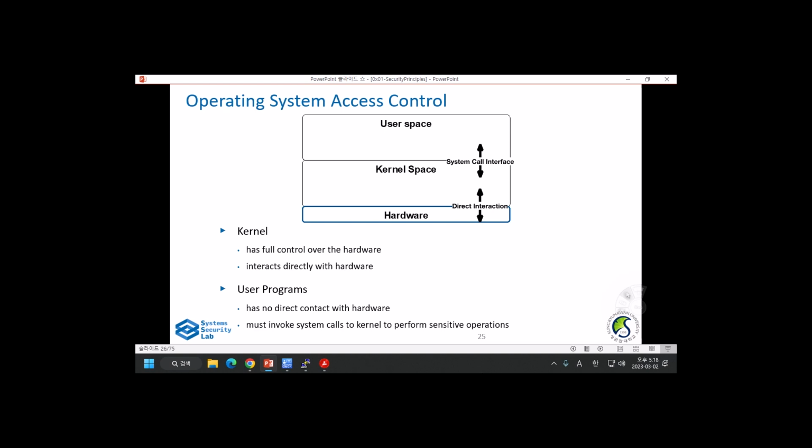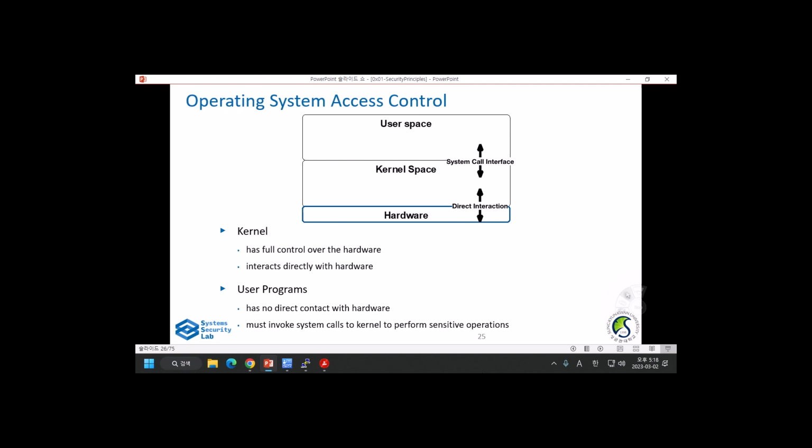So can you really access a file directly in user space? If you're writing a program in C, can you really access a disk? And then how does it usually work?